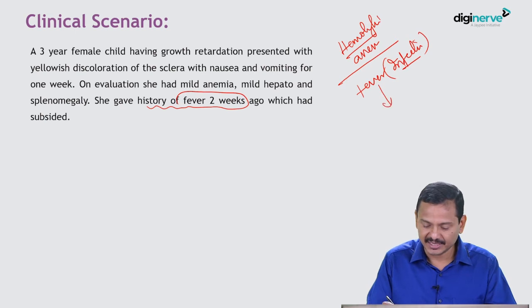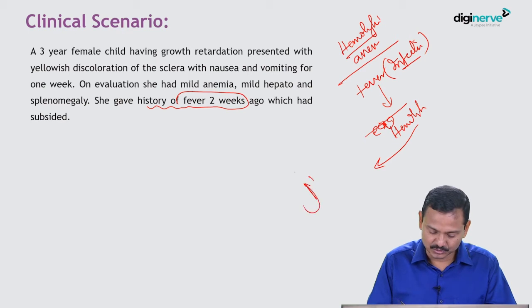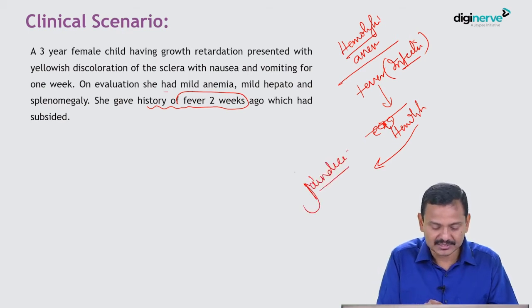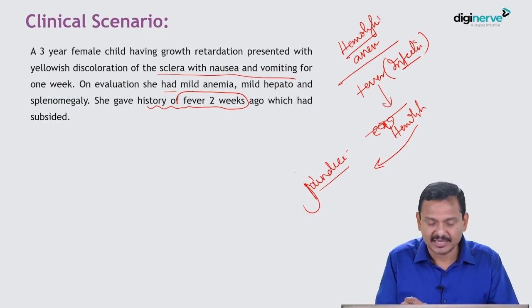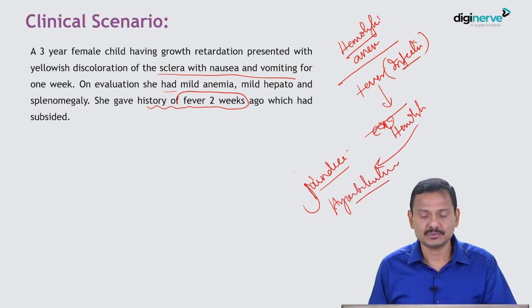So infection again aggravates the hemolytic anemia. So now she has more lysis that will lead to jaundice or the yellowish discoloration of her sclera, and that is why she is also having this nausea and vomiting, which is because of hyperbilirubinemia. Okay, so are you able to understand?